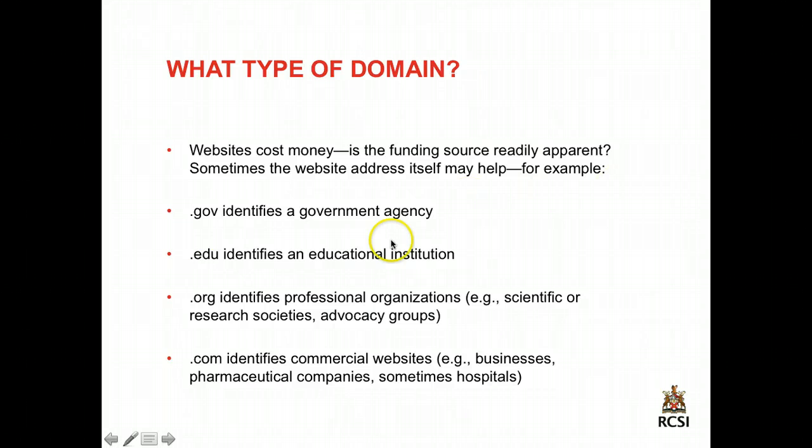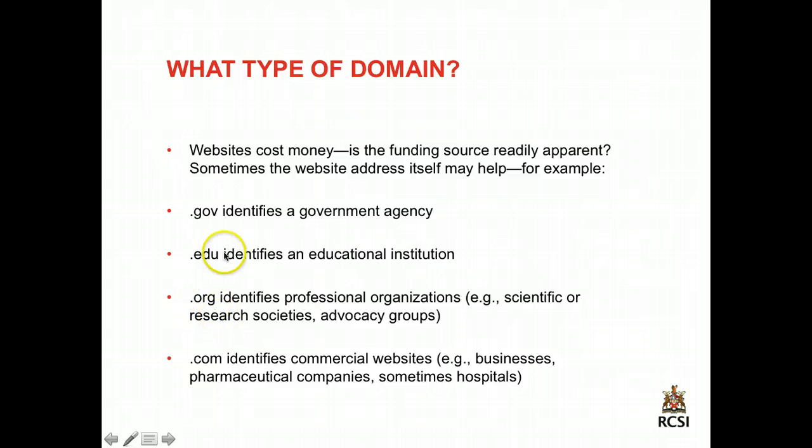As I said, the .gov is a government agency. .edu is educational. .org is professional organisations, scientific research, advocacy groups. And if you want to register these .org, .edu, .gov, there can be regulations that you must comply with, and you need to supply documentation and declare an interest before you can register that domain.